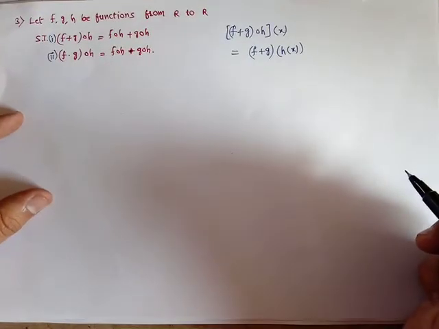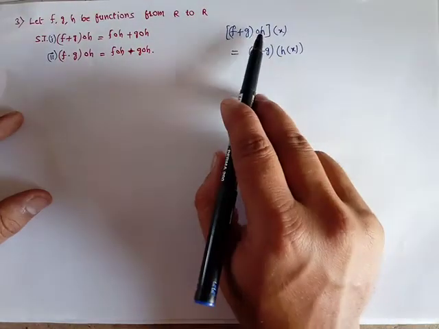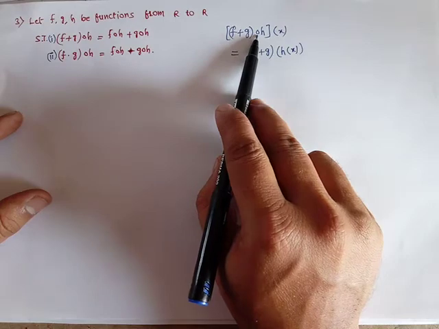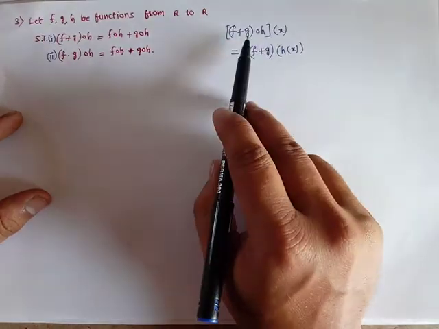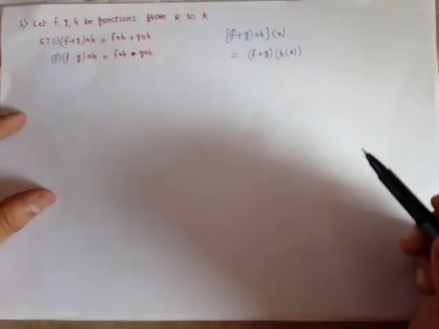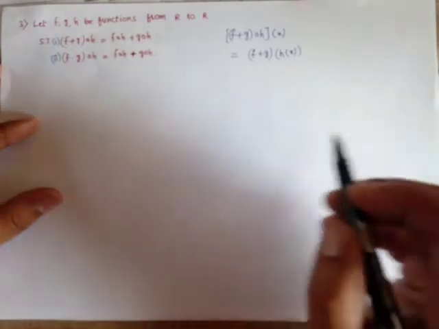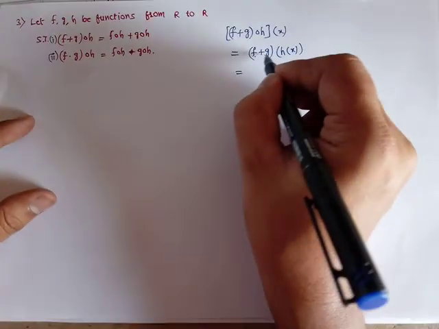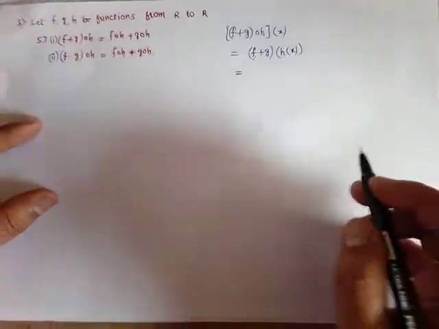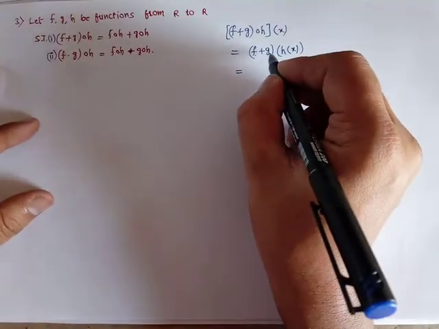So I am eliminating this particular circle from the theorem which is discussed in the last class, so it can be taken now. And this sum of the functions can be written as f of h of x plus g of h of x.